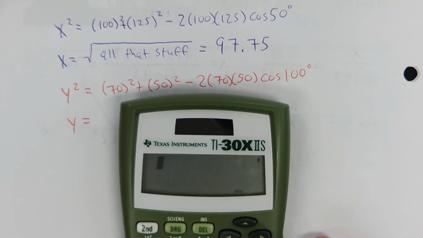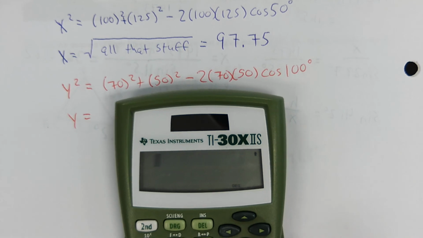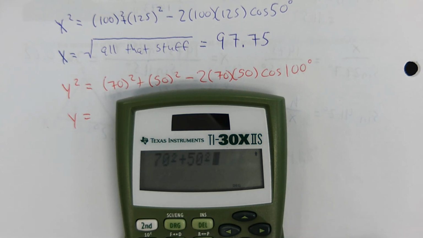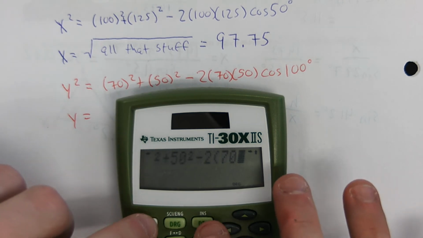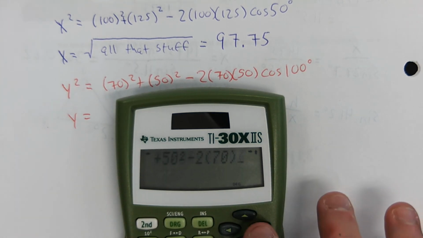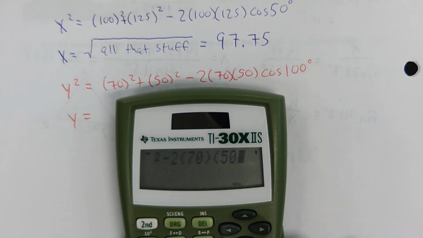Since we've written all that stuff once on the paper, we'll just assume that we did all that stuff again. 70 squared plus 50 squared minus 2 times 70 times 50, insert parenthesis, there we go, cosine of 100 degrees.